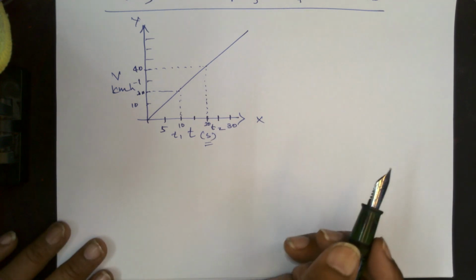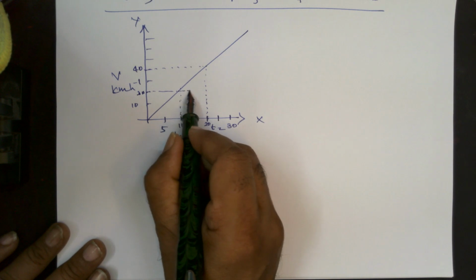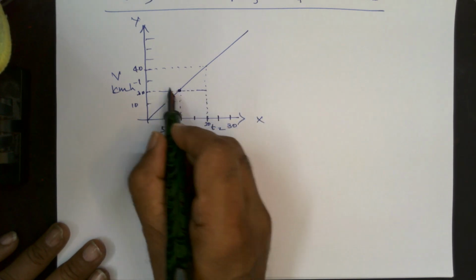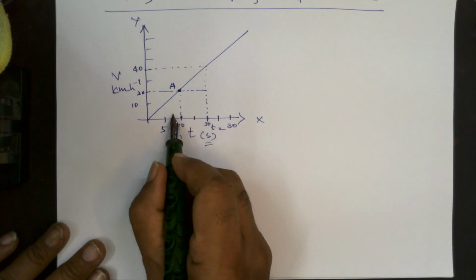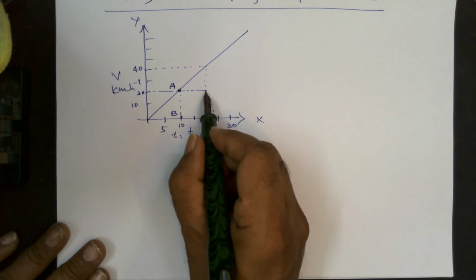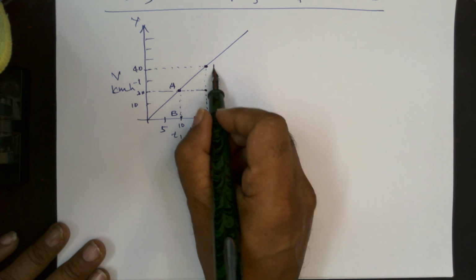So this is the graph. And you can have like this. So this is the point A, and this point is B, and this is C, this is D, and this point is E.